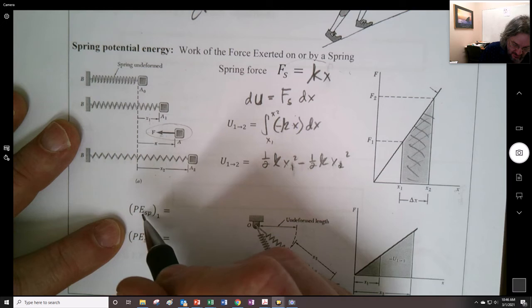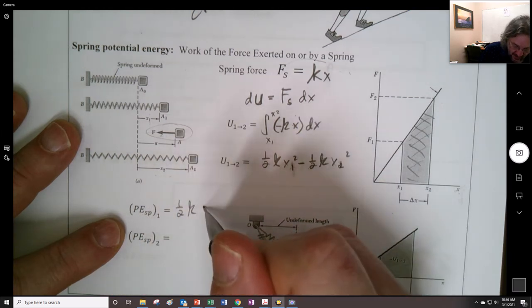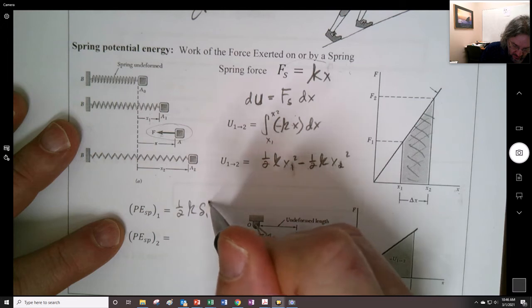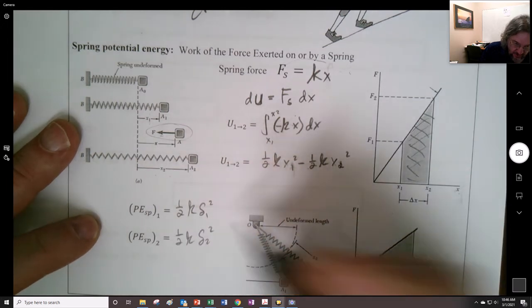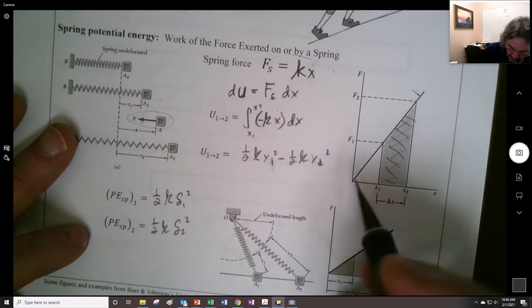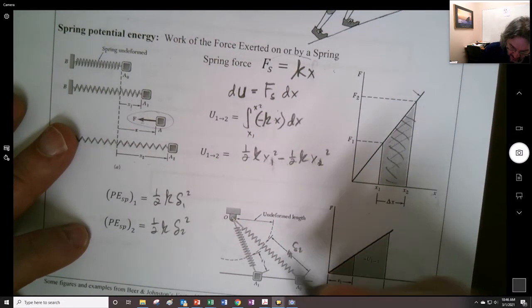And in writing it as a potential energy, we call it 1/2 k del 1 squared, and 1/2 k del 2 squared right here, where I'm going to say that the amount of stretch is going to be del here.